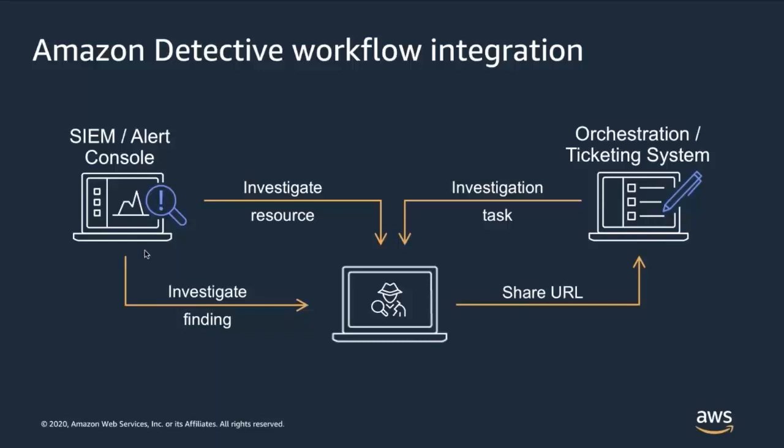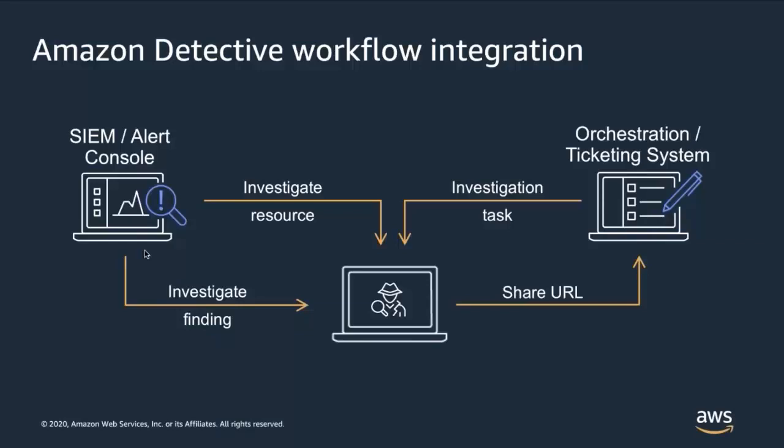It could be helpful in, for instance, the IP address investigation which Lewis showed around Bitcoin mining, in conducting those sorts of investigations and deep dives into the data that Amazon Detective has collected from CloudTrail and VPC flow logs.